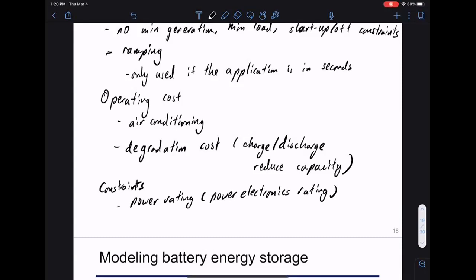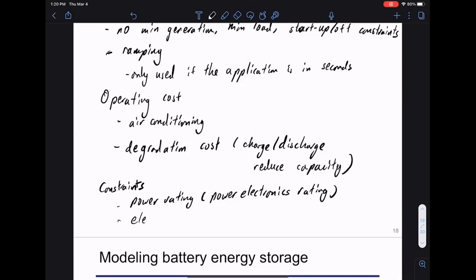The power electronics sets a power rating in the battery. Power rating means, can you go from off to providing, let's say, 1 megawatt very fast? Or at any time, what is the maximum power you can output from the battery?